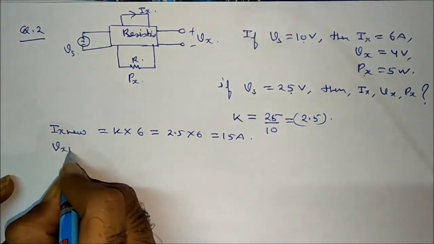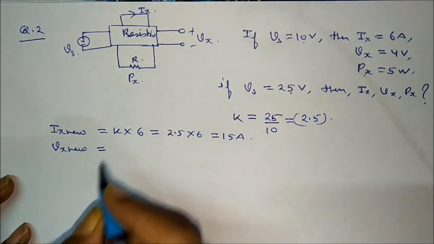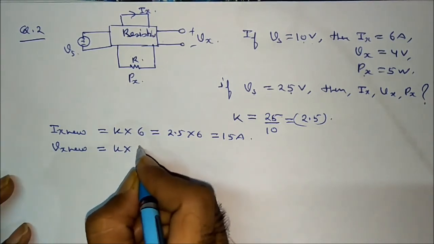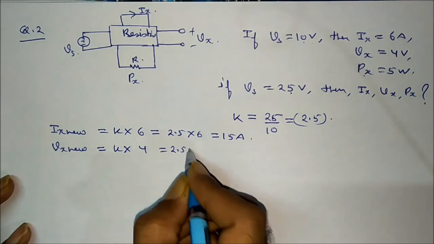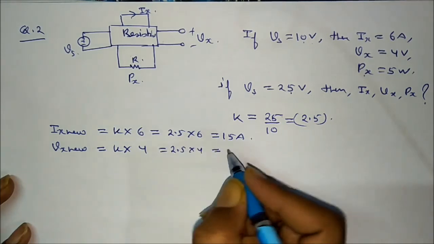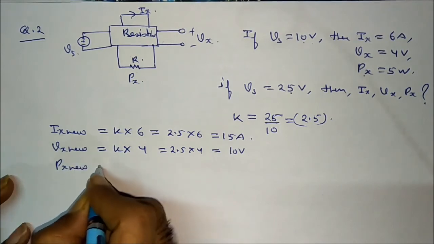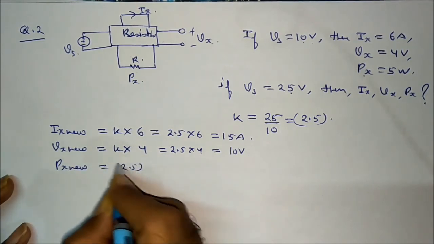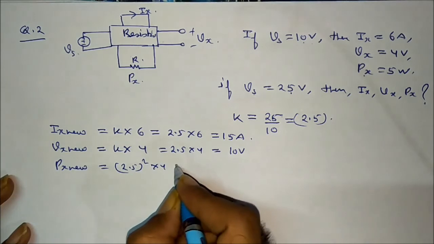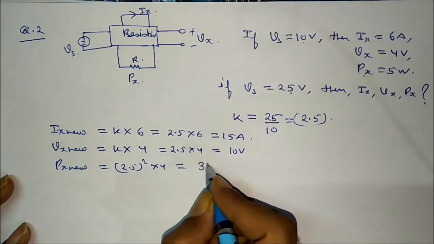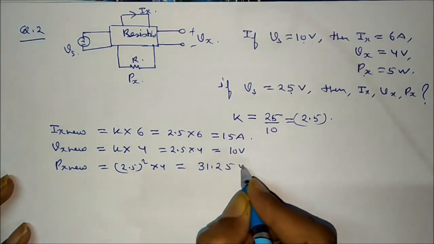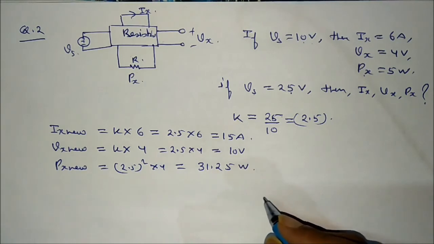Similarly, Vx new is equal to K times Vx old, which is 4, that is 2.5 into 4, that is 10. Similarly, Px new is equal to 2.5 squared into the old power, that is 31.25 watt.